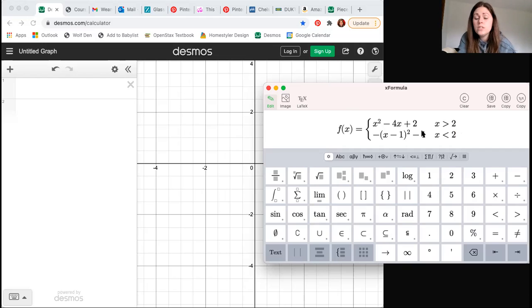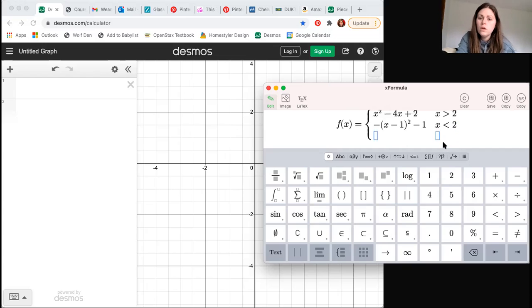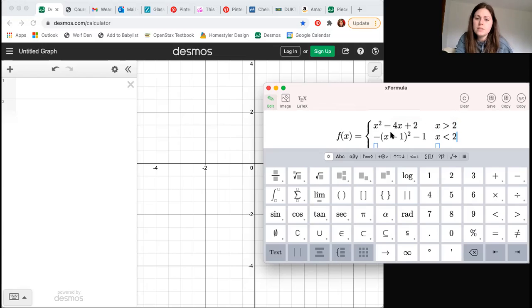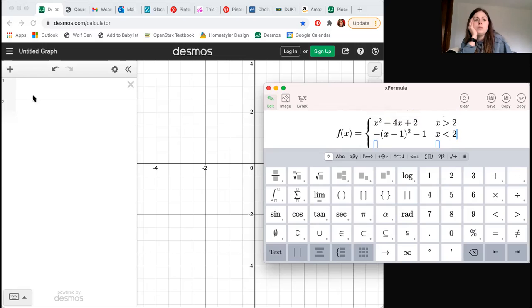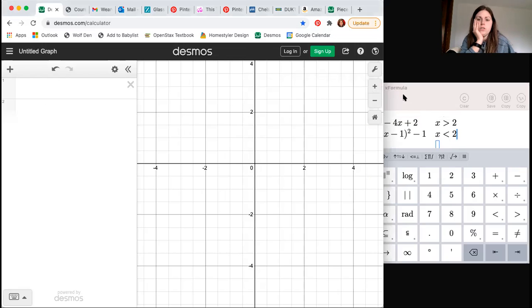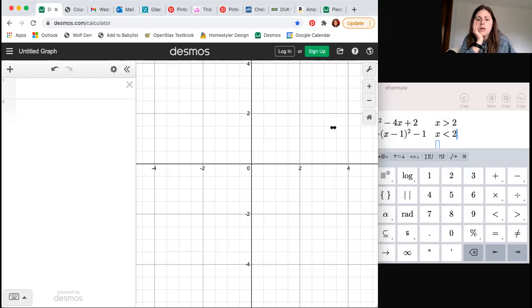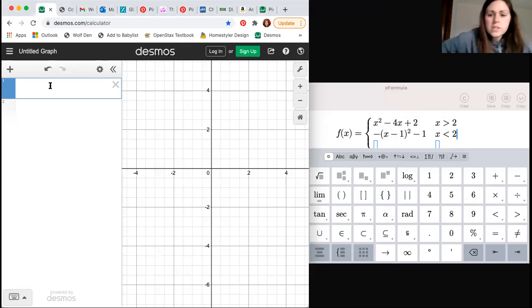Anyways, here is the formula, if you will, for how to type these in. I'm seeing if I can do this in such a way that it will be easy. I guess I'll just type it over here in Desmos. So with Desmos, just like with a lot of things, graphing in Desmos, you're going to start out typing it exactly how you see it.